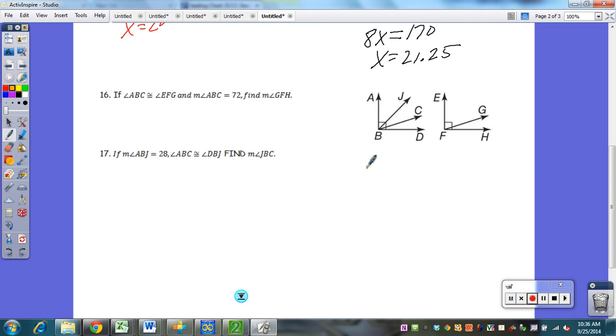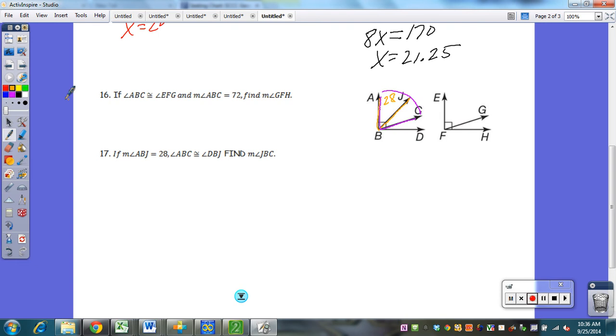Okay, so we have, again, ABJ, and this equals 28. And then ABC, this larger part here, this whole angle is congruent to DBJ.